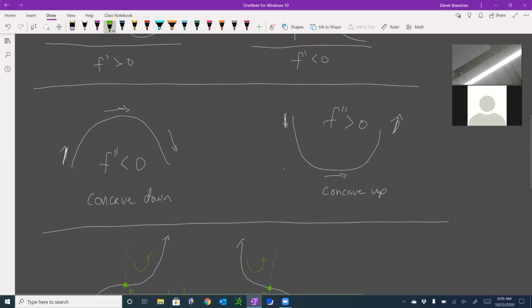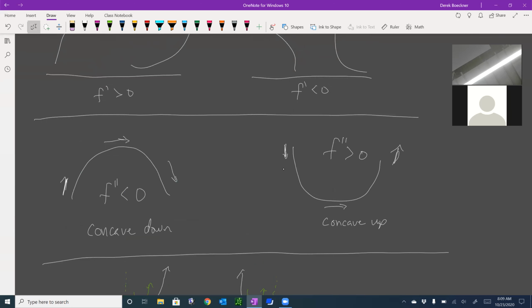Go back to this picture. There's some place at the top where f prime is equal to 0, right? And there's some place on the bottom here where f prime equals 0. So with this picture in mind, we get a second derivative test for extrema.